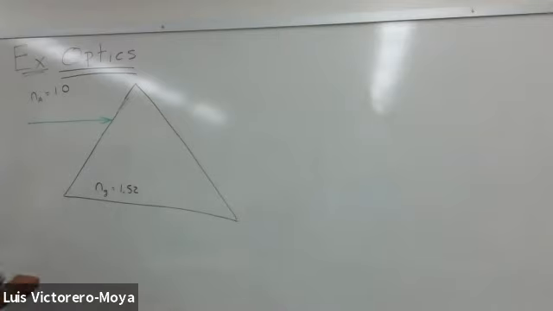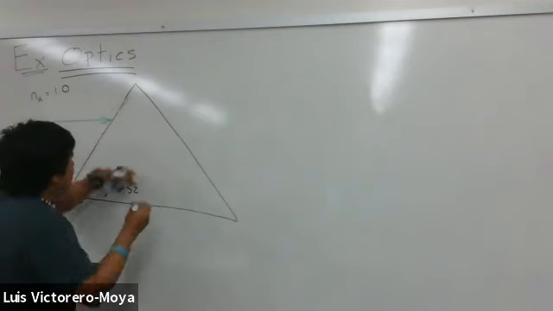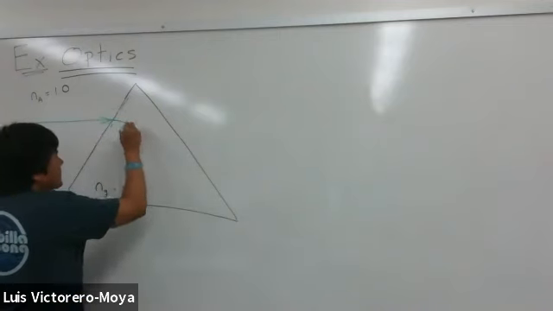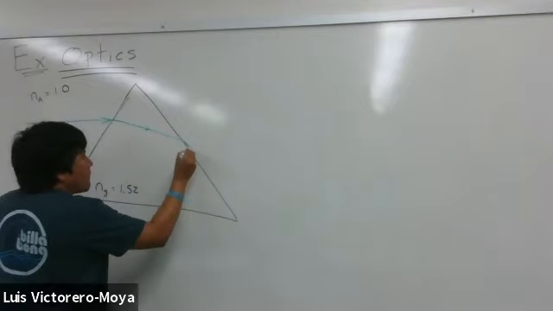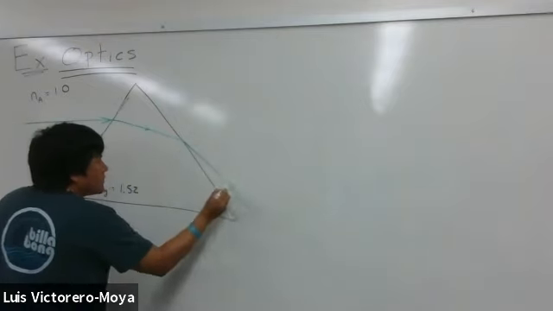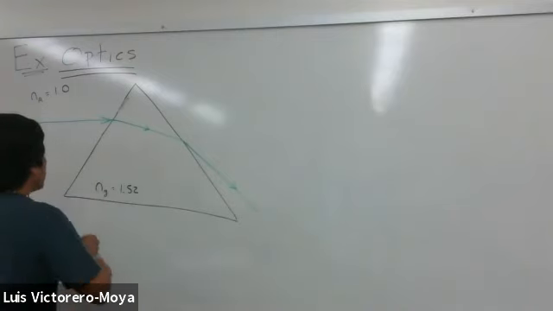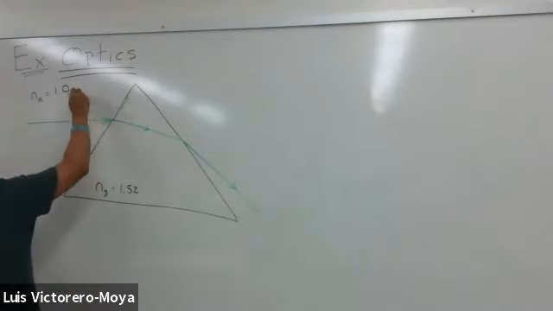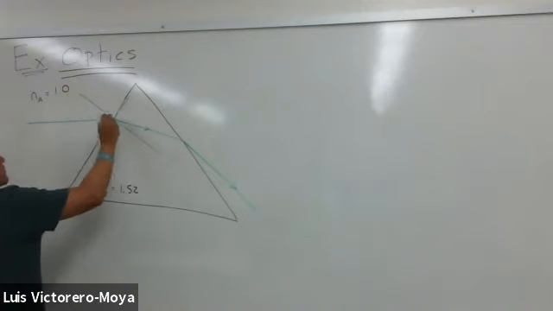What you need to remember is that when light goes from air to glass, it will refract. And then it will refract even more here. Why? Because if I draw the normal here, right?